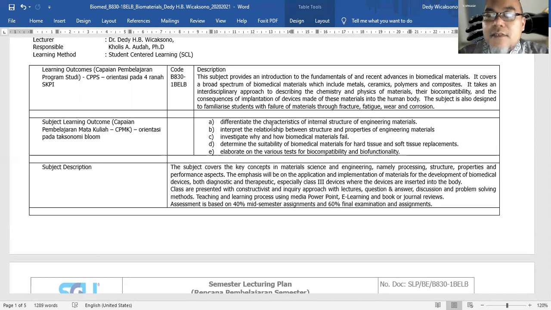From my side, I think the project will be combined with sensors. I'm not sure yet, but most probably like that, because you are also taking the sensor and measurement subject. So the same project may be related or used for both subjects, sensor measurement and biomaterials.